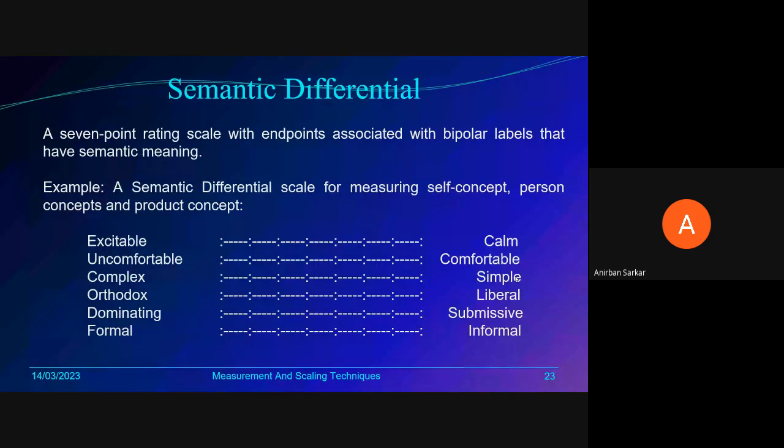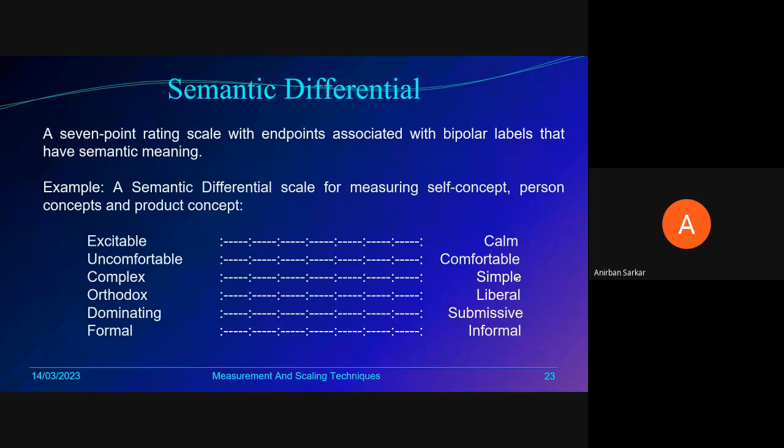Now we are coming to the semantic differential scale. This is a 7-point scale with bipolar labels or points. Generally, in order to measure self-concept or person concept or product concept, we use this type of semantic differential scale.